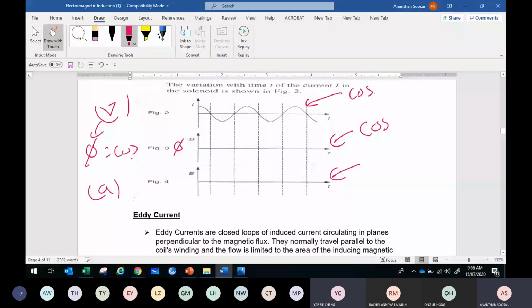Negative sine. Reflection on the x-axis becomes sine. So your E should be a sine graph. Okay, like this, and so on. You repeat the pattern. So this is one period, and this will be another period. The pattern will be repeated again.